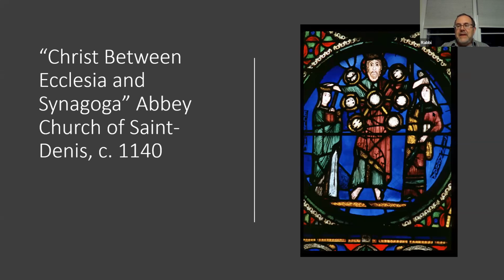And even though Synagoga doesn't accept who Jesus is, the role of the crucifixion, her presence is important because she brings forward the testimony of the scriptures, which we saw in that other stained glass with John standing literally on the shoulders of Ezekiel.